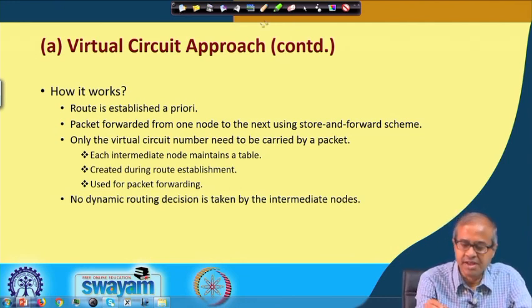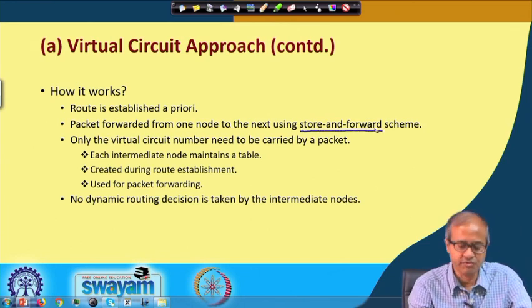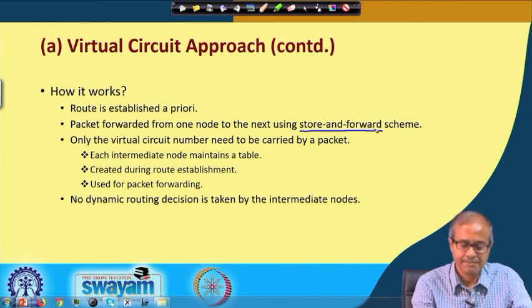Now, regarding the packet forwarding, it will be the normal store and forward scheme, and here, as I said, the packet in the header will carry only the virtual circuit number, and all intermediate nodes will be maintaining some kind of a routing table. Okay.